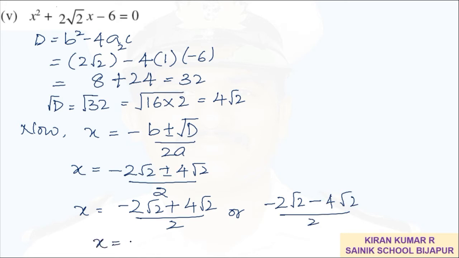So x value is positive 2 root 2 by 2. The 2 and 2 get cancelled in both numerator and denominator. You will be left with only root 2. Or another root is negative 6 root 2 by 2, which becomes minus 3 root 2. Therefore, root 2 and minus 3 root 2 are the roots.